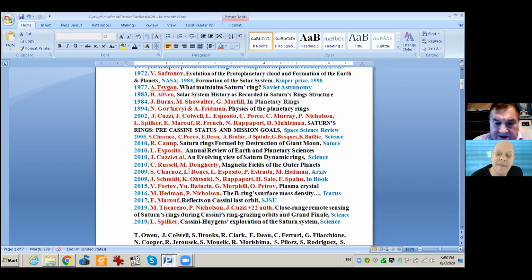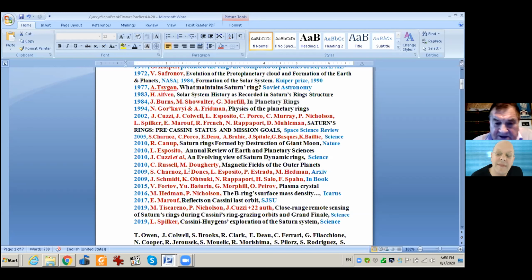And then the former president of the Russian Academy of Sciences, Vladimir Fortov, also published a chapter in a book. The name of this book is Plasma Crystal, and it was published in 2015. He and his German colleague, Morfill, were discussing the role of dusty plasma in the origin of these rings.